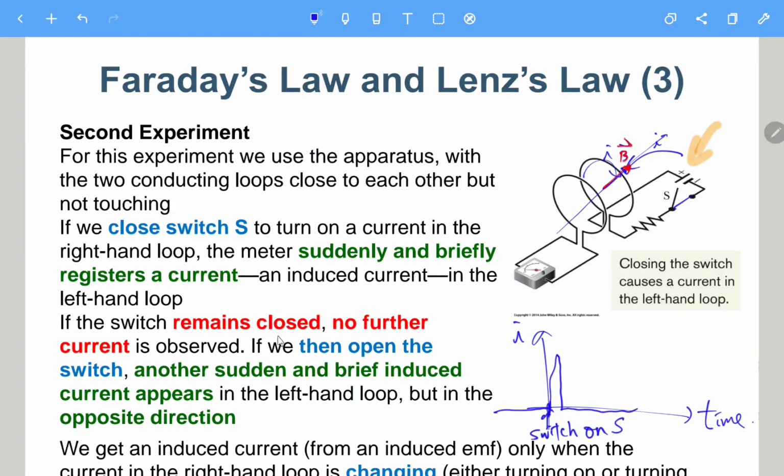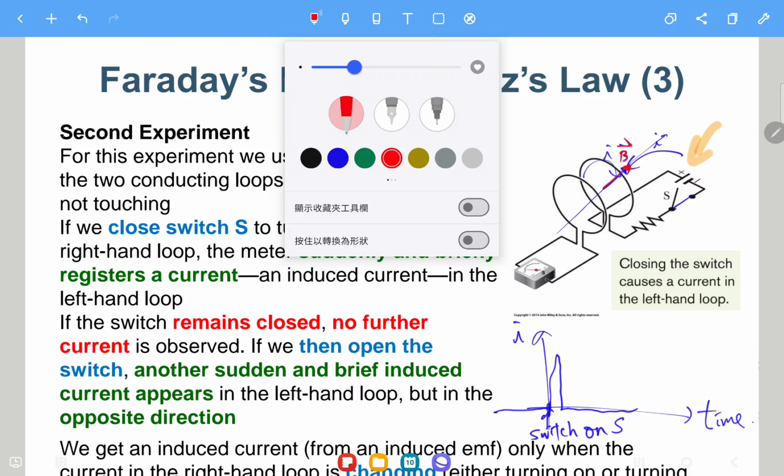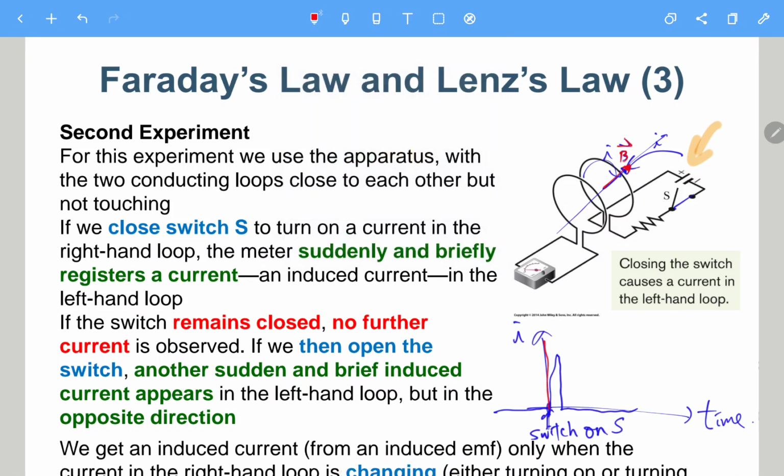Then if we open the switch, the red line means whether it is on or off.